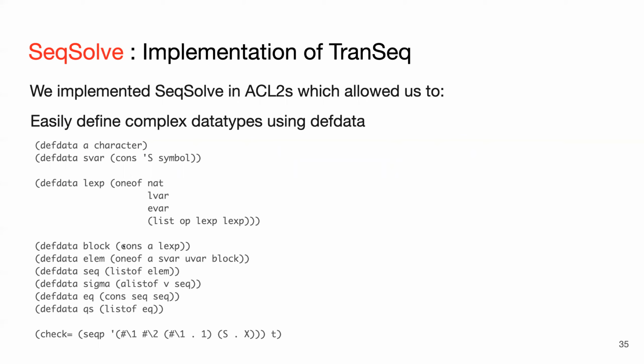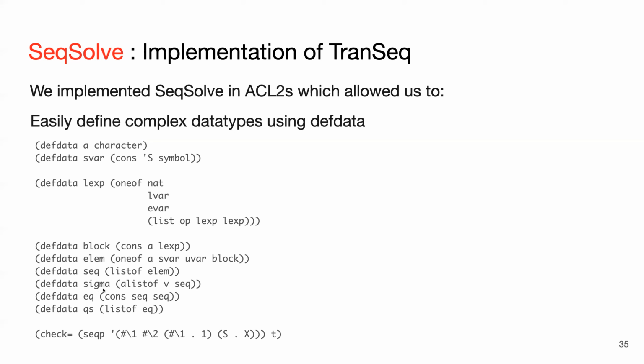A block is a pair consisting of a character and a length expression. An element in a sequence is either a character, a variable, a unit variable, which is another kind of variable that has a fixed length of 1, or a block. A sequence is a list of elements.